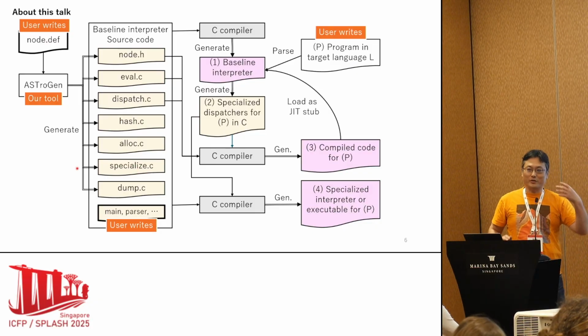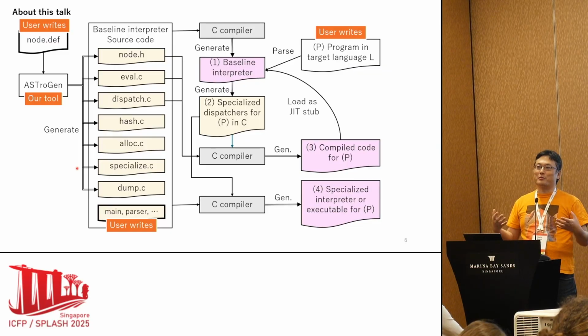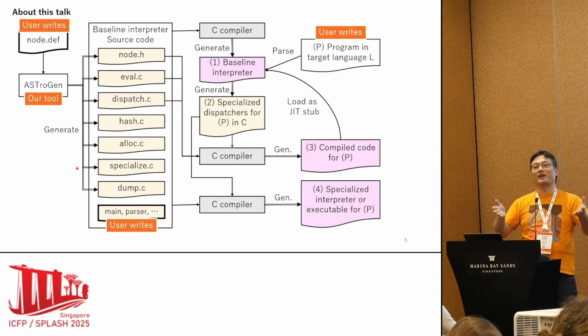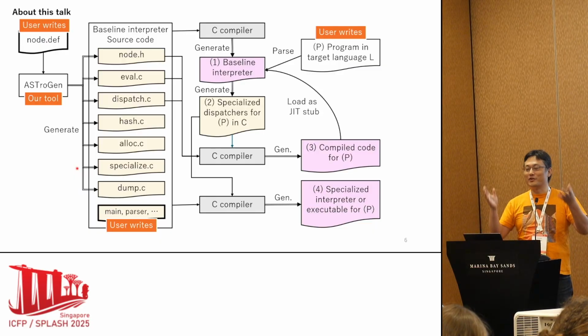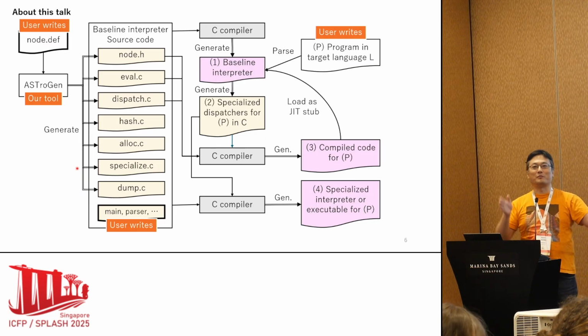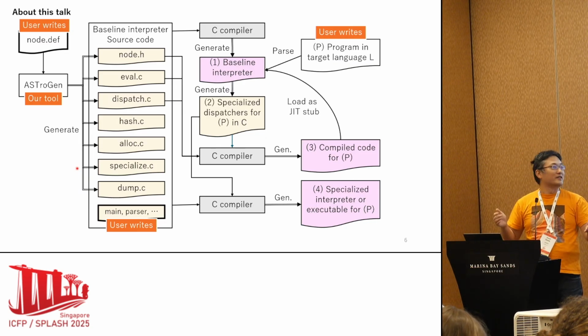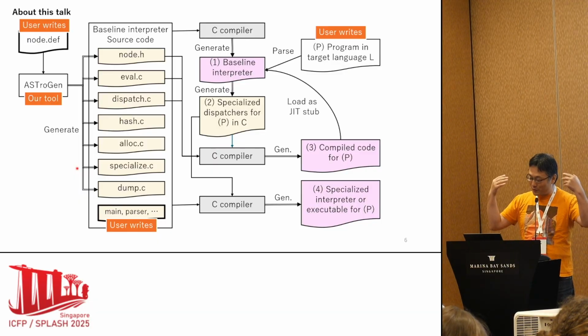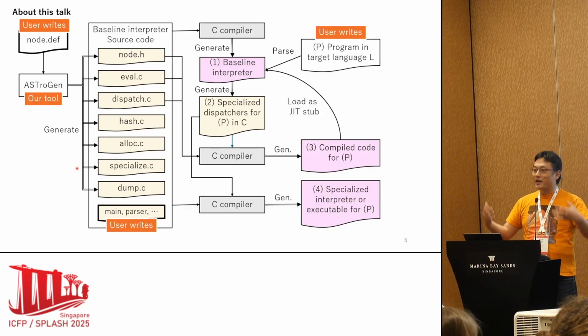Of course, we need to write a parser for the language. I understand that in many compiler classes at university, a lot of time is spent on parsers, so I believe people can write a parser. We need to write a parser and make an AST for ASTro.